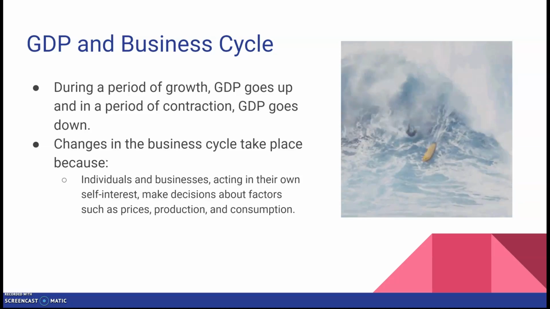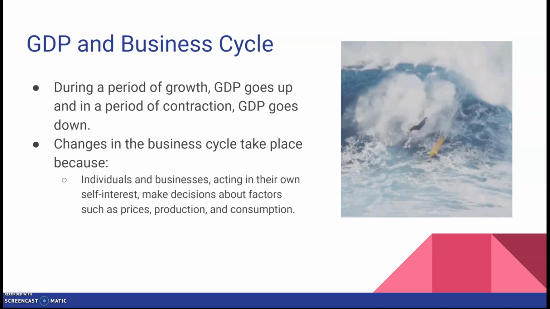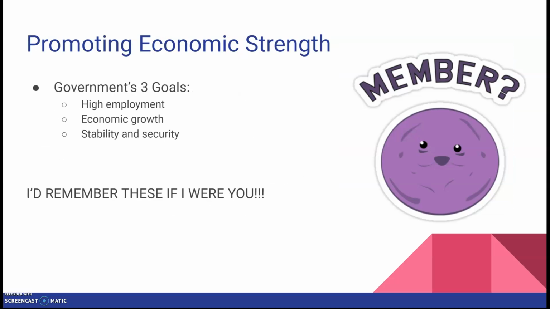If there is a downturn in a market, one of the biggest things that we'll talk about would be the Great Recession from 2008 because of the collapse of the housing market. Three biggest things to remember would be high employment, economic growth, stability, and security for looking at how our GDP can be measured and to make sure that our government is functioning best for our people.